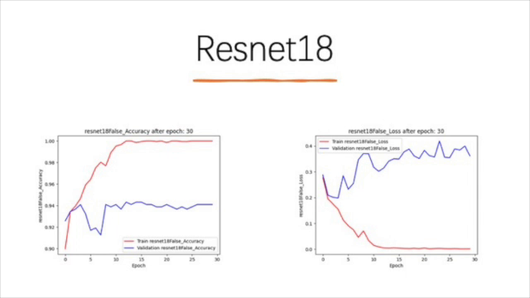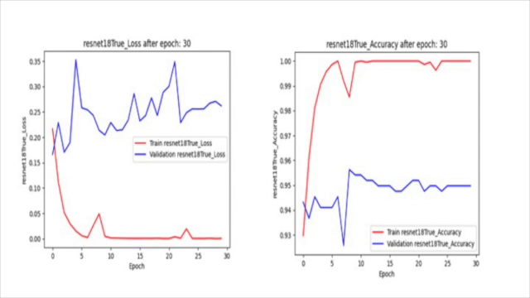The accuracy of pneumonia samples of the training dataset and validation dataset in the ResNet 18 training process and the loss of pneumonia images are shown below. The accuracy of normal samples of the training dataset and validation dataset in the ResNet 18 training process and the loss of normal images are shown below.